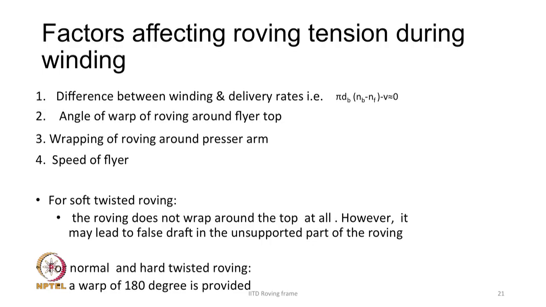Angle of wrap of roving around the flyer is another important point which affects the roving tension. For soft twisted roving, the roving does not wrap around the top at all. However, it may lead to false draft in the unsupported part of the roving. This you have to know: for soft twisted roving, this is what we do generally, though there is a danger of false draft, meaning basically stretch.